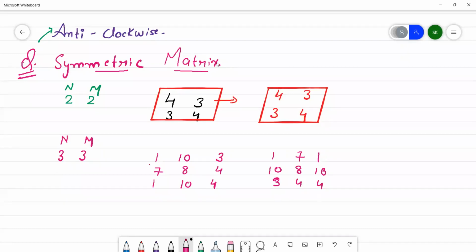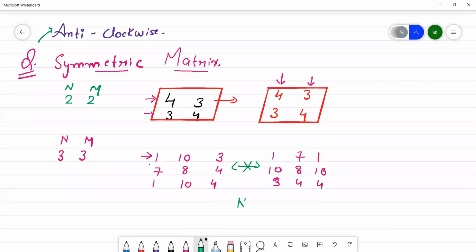I have one question. When I'm transposing, the first column becomes the first row, right? The first row becomes the first column. For the 2 cross 2 matrix, I'm not clear. So the first row becomes the first column: 4, 3, 3, 4. Now I'm clear. Okay, sorry. Yeah, so in this, they both are not equal.